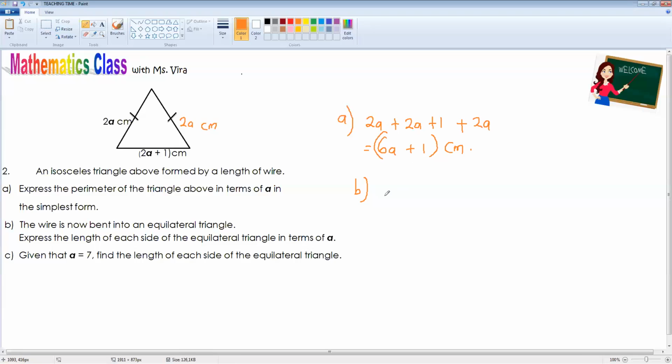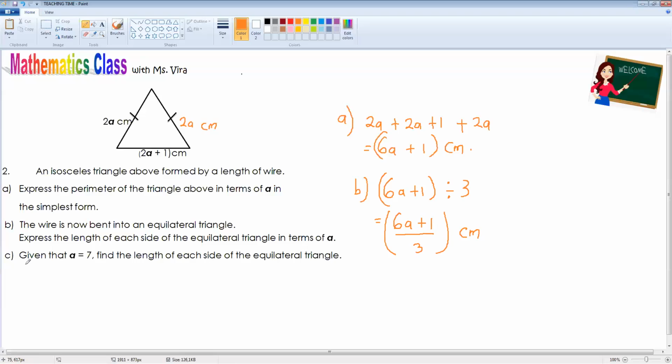Since in an equilateral triangle all the sides are equal, we divide 6a plus 1 by 3. And remember to simplify in algebraic expression, we write (6a plus 1) over 3 centimeter.